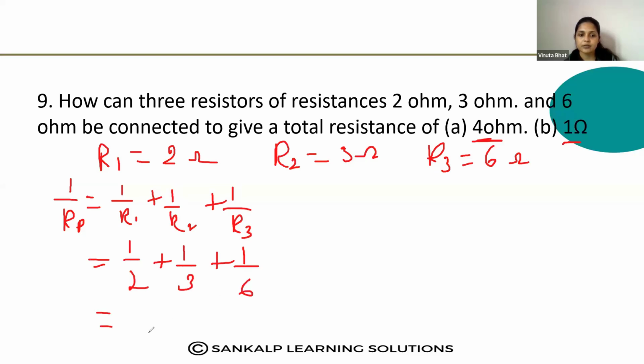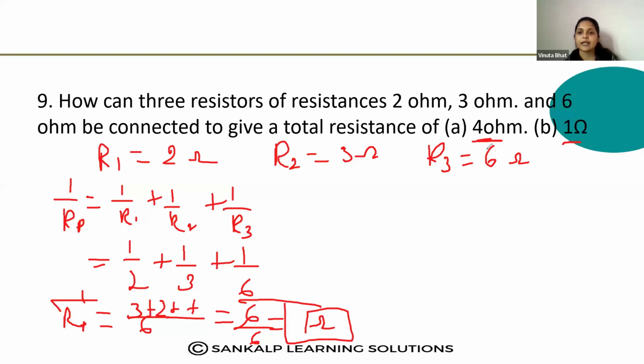Here 6 divided by 3 plus 2 plus 1, that is equal to 6 by 6, that is equal to 1 ohm. The total resistance Rp is equal to 1 ohm. So when we connect these 3 resistors in parallel, we get the answer 1 ohm.